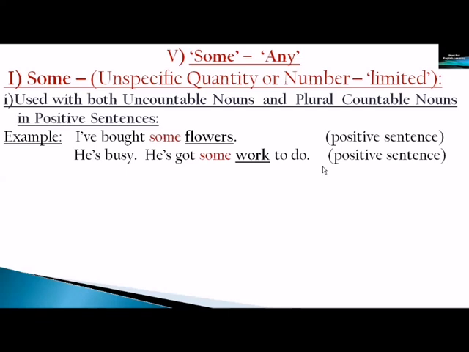This is a positive sentence. Some comes before the noun work. Here, work is an uncountable noun. So we use some with uncountable nouns, for example work, and plural countable nouns, such as the plural noun flowers.